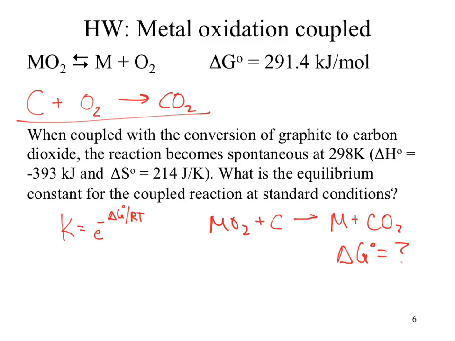Anything in its elemental state has a delta G of 0 for its formation. Why? Because it's in its elemental state. That's what we've decided is its standard state. So anything in its elemental state has a Gibbs free energy of formation equal to 0, because that's where it's supposed to be. So we could go through and look up the formation for CO2.